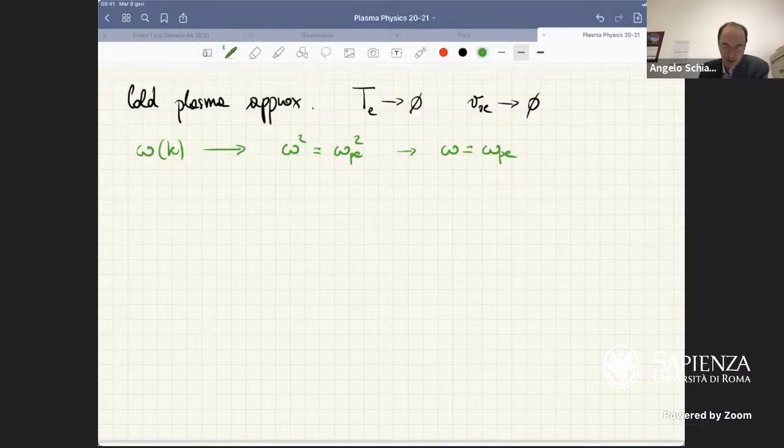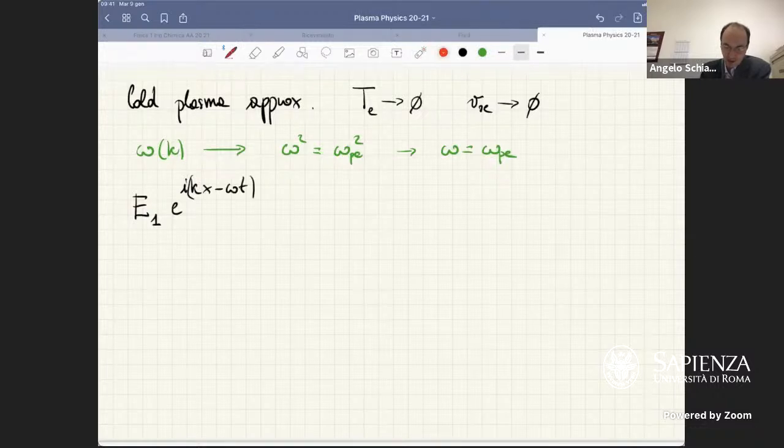Basically, our oscillating quantities, for instance the electric field, if you remember in this linearization and complex notation, is a function of a given amplitude of the electric field of the wave times e to the i (kx minus omega t).